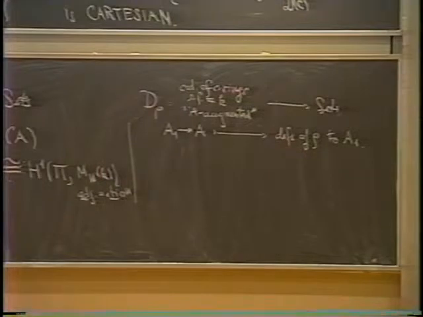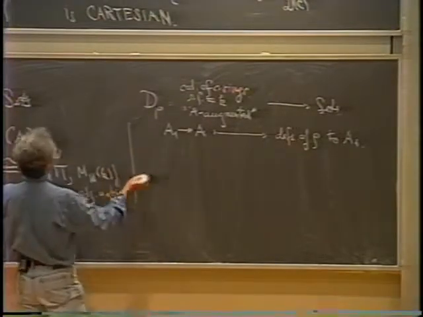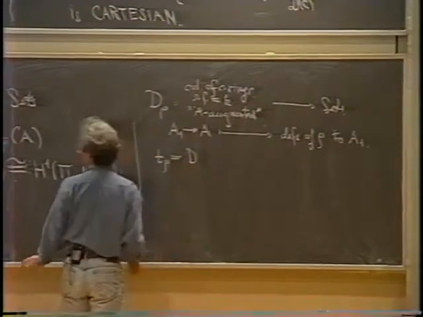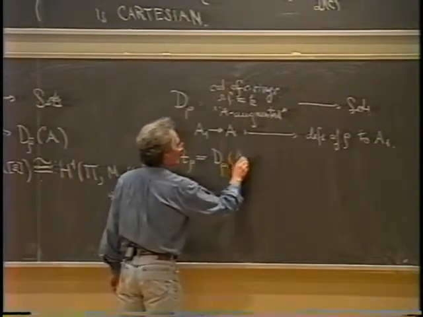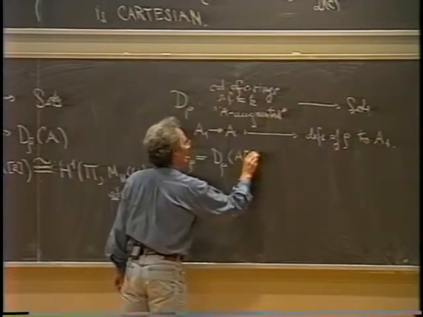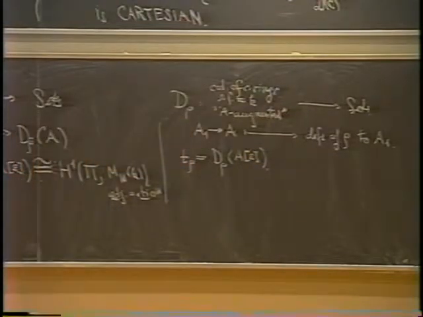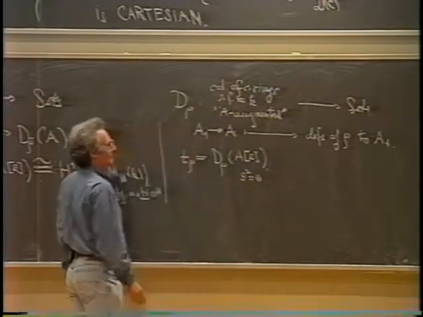Now, just as the absolute theory has a vector space attached to it, so does this relative theory. That is to say, I could define, let's start here, T_rho just by definition to be D_rho of the A augmented coefficient ring, which consists in adjoining to A epsilon, with the similar requirement on epsilon that we had before, namely epsilon squared equals 0.